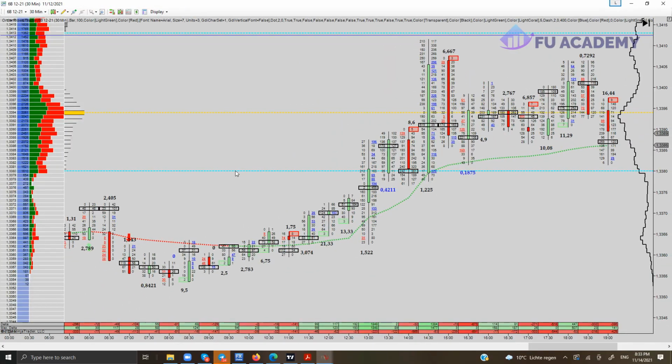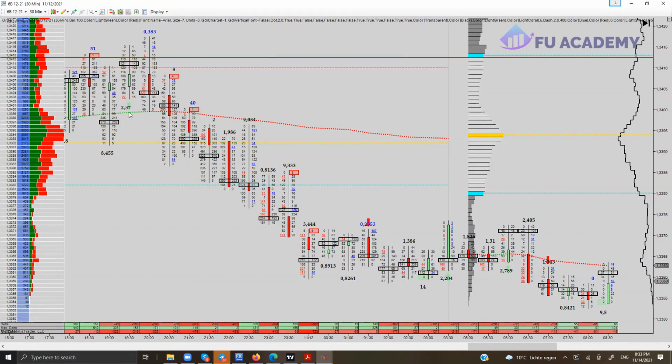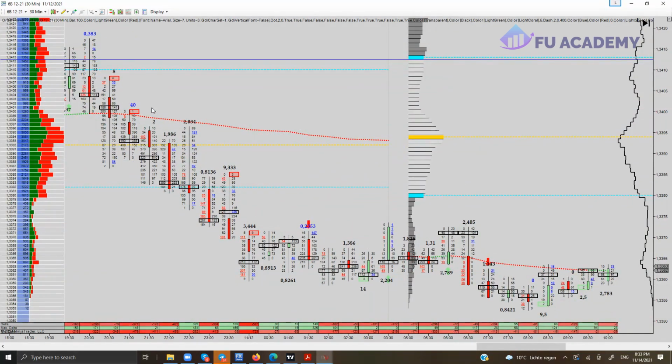So when we get a ratio bound high rejecting from VWAP, we just take these setups. We just sell from there, or we can take action after seeing this ratio bound high type of blue ratio.